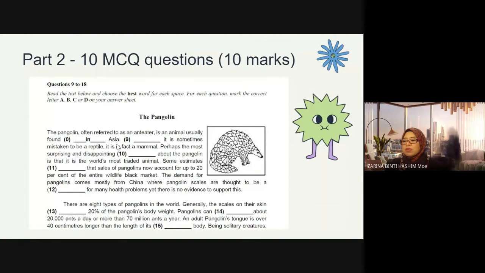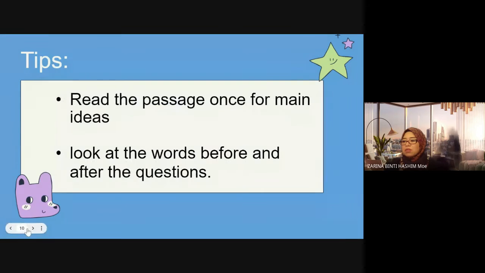Of course, you don't have any words before that. But look at number 10. Perhaps the most surprising and disappointing. The word before the answer is disappointing, and after the answer is about. So you have to look at those words also before you choose your correct answer. So look at the words before and after the question.